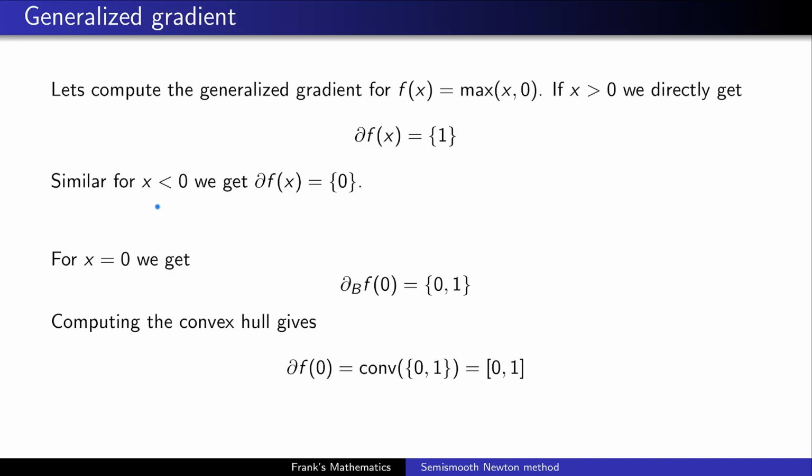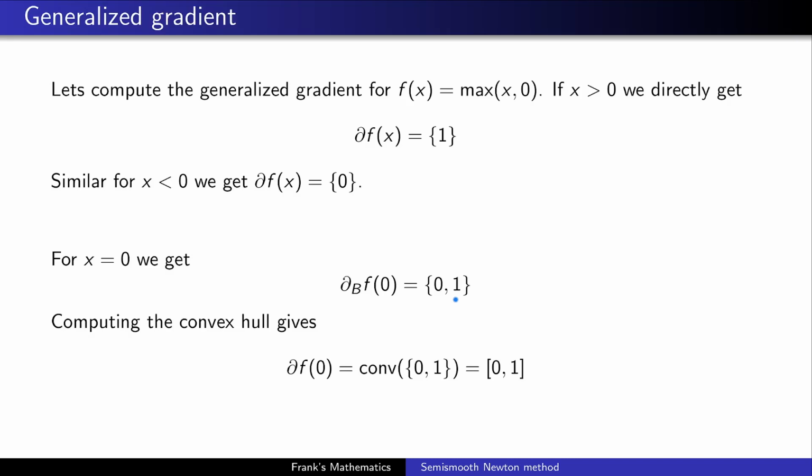Similarly, if x is less than 0, then the generalized gradient contains only 0. The fun starts when x is 0. In this case, as we showed, we get two different possibilities for the B subdifferential. We get 0 and 1, depending on whether you go to 0 from the left or from the right.